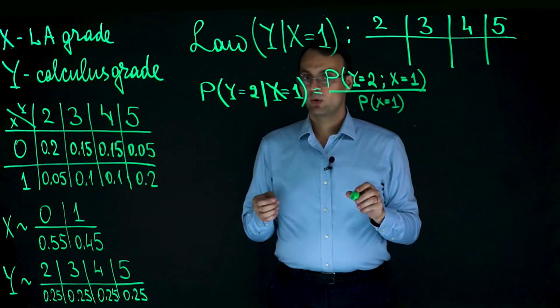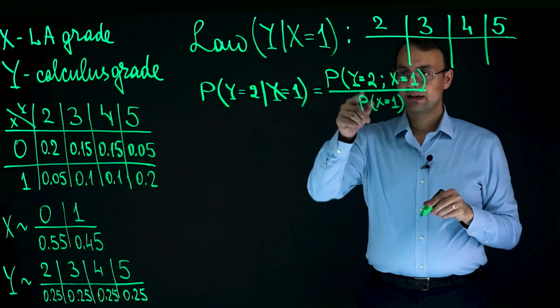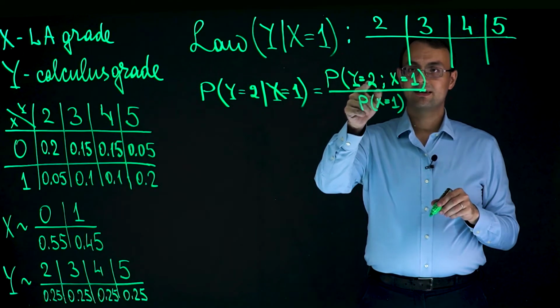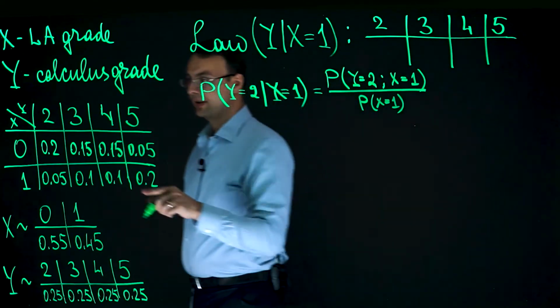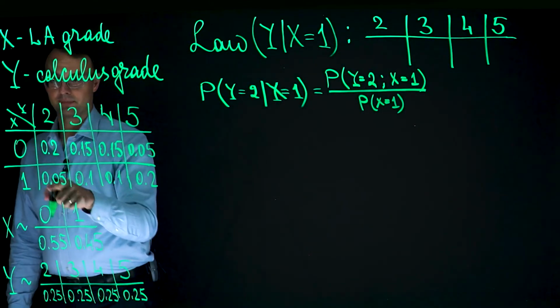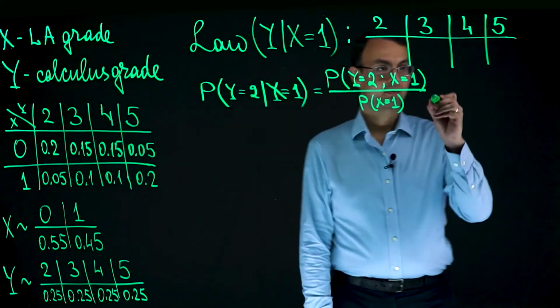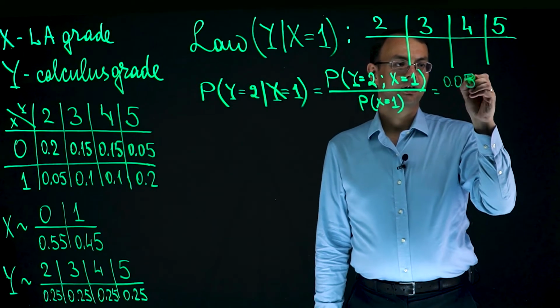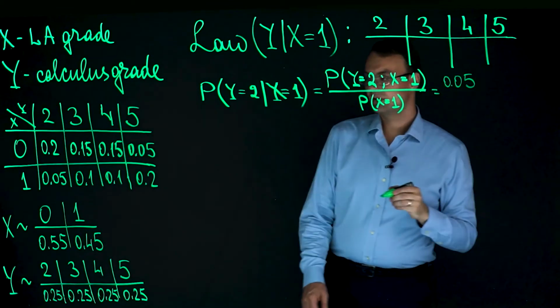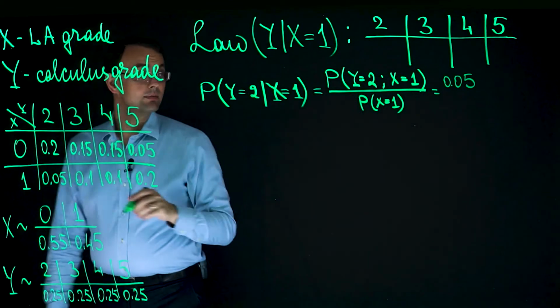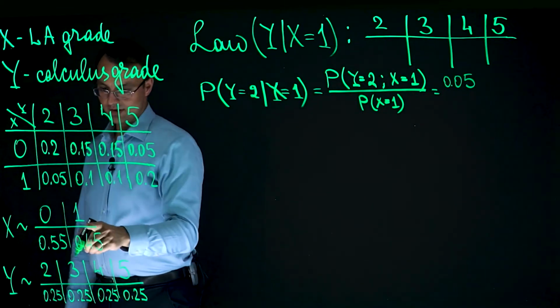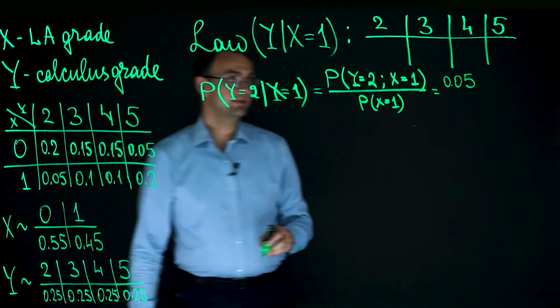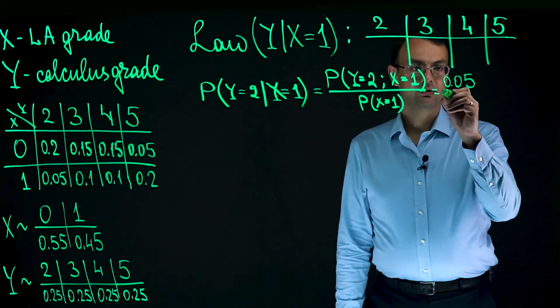The probability that y is 2 and x is 1 is 0.05. So we have 0.05 in the numerator, and the probability that x is 1 is 0.45.